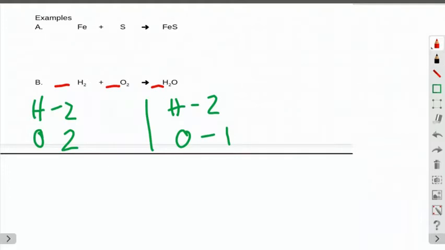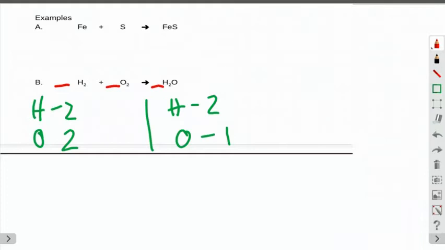So you have to inspect each side and see what number could be added as a coefficient to make the atoms equal. And this is kind of a guess and check method. If you see that you add a coefficient and they aren't equal on both sides, you can just simply erase and try a different one. So this will make more sense as we do this example.